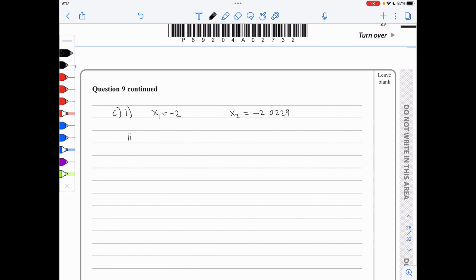Now, repeating this process, keep pressing the equal button on my calculator. I keep doing that until the answer stabilizes, and we can see that after a few presses of the equal sign, we get that x is minus 2.0226 to 4 decimal places.